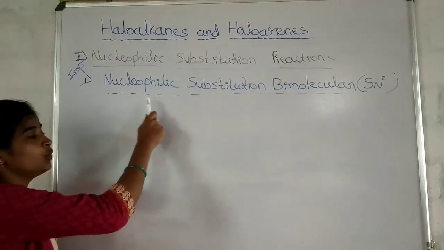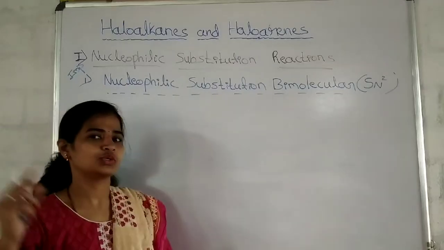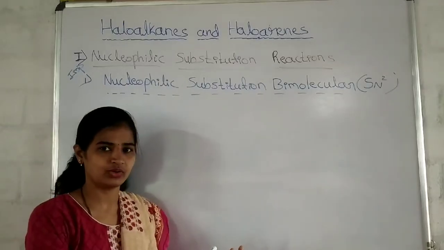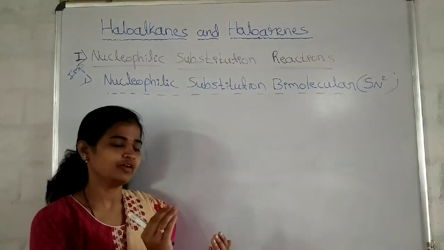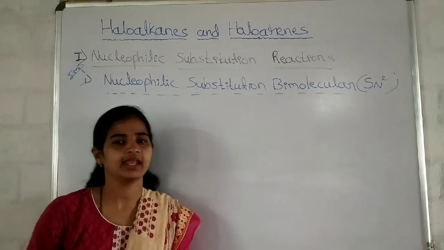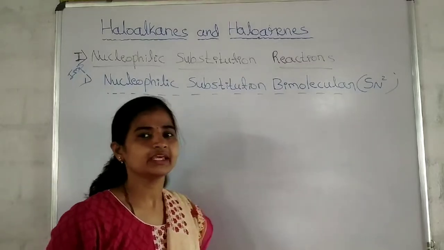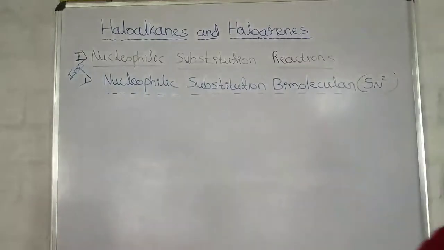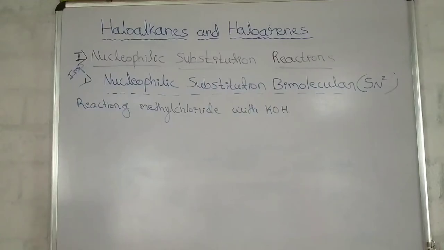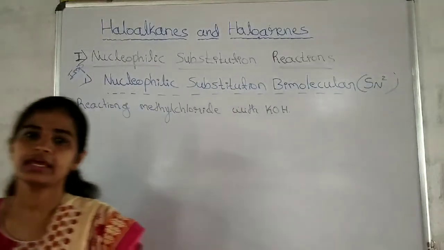Nucleophilic substitution we have understood. The nucleophile will come and get substituted to the carbon atom, hence the halogen atom will leave as a halide ion. What is bimolecular? We'll study it by taking an example given in NCERT.